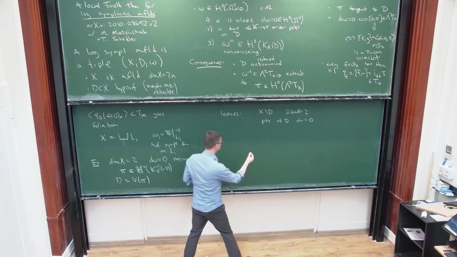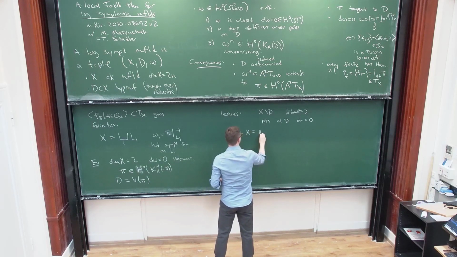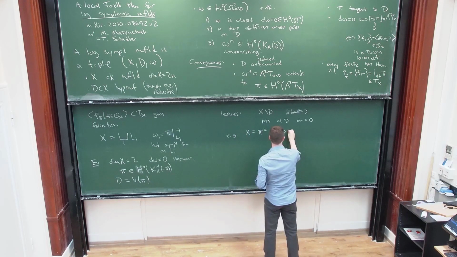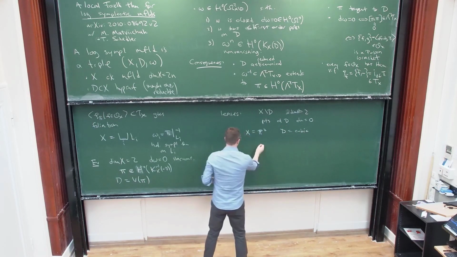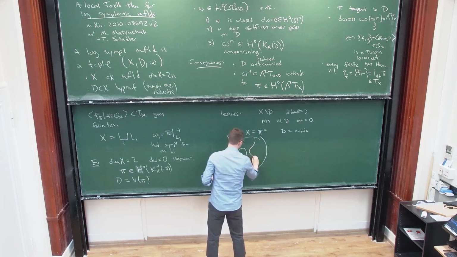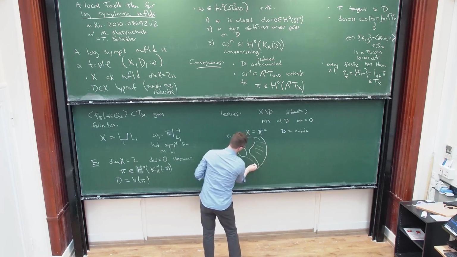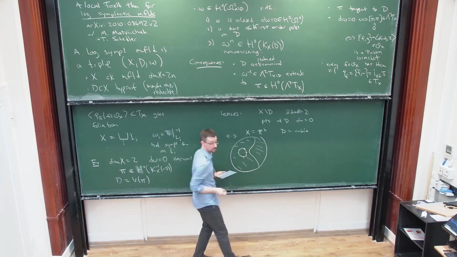Okay, so the typical example would be X is P2, and then the divisor is a cubic. If the cubic is smooth, picture something like this. So I have the open leaf, which is the complement of the cubic, and then the individual points on this elliptic curve are the 0-dimensional leaves.